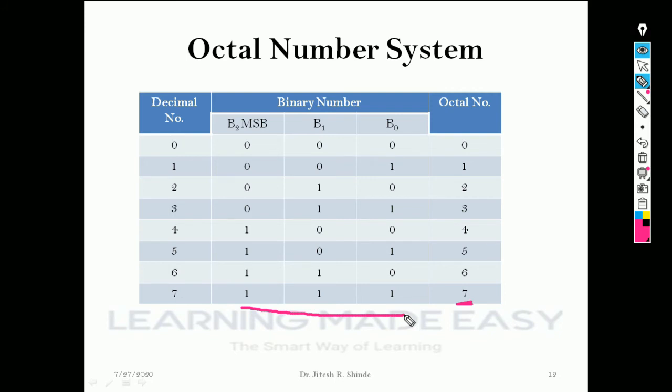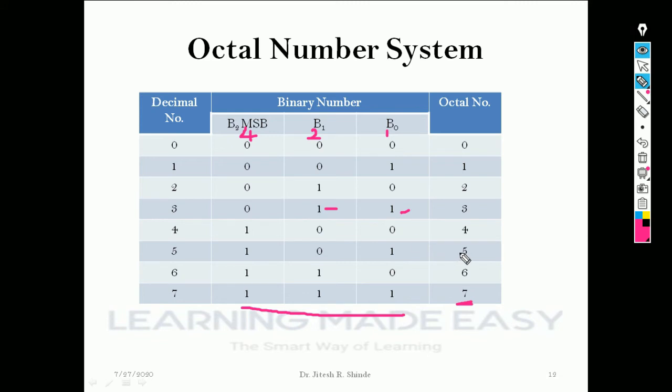Here we have taken the advantage of the concept of the 421 code to generate this binary code. Just 1 is involved in the addition, so here we are writing 1, remaining 4 and 2 are not involved, so corresponding to that we are writing 0 0. For example 3, 2 plus 1 is 3, which means corresponding to 2 we will be writing 1, corresponding to 1 we will be writing 1. 4 is not involved in the addition, so the binary equivalent of octal 3 is 011.